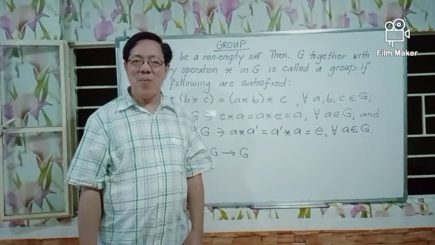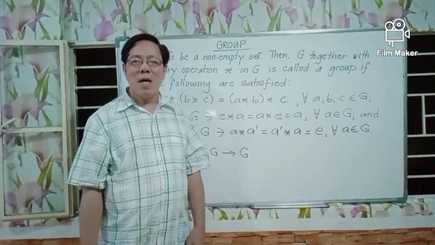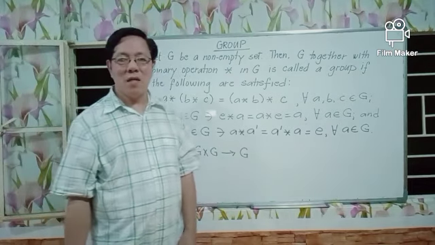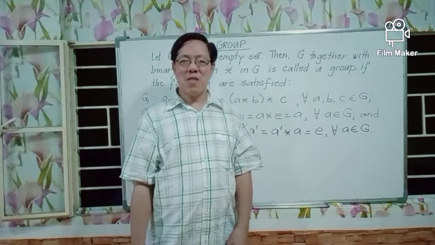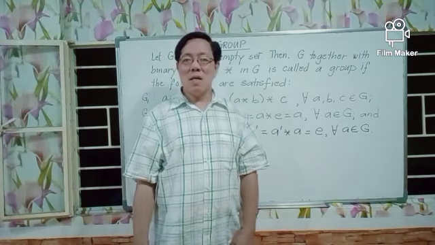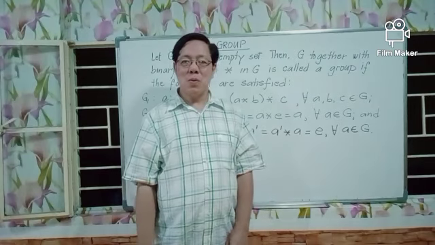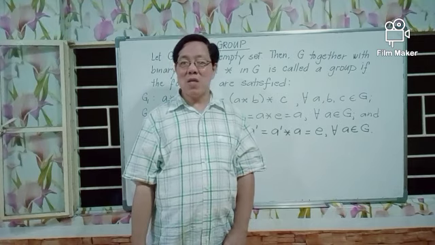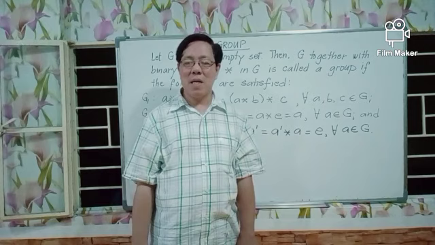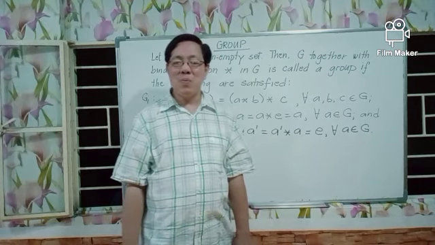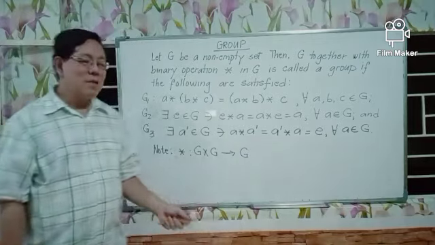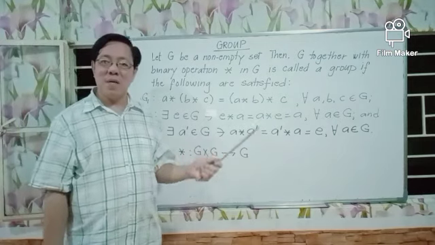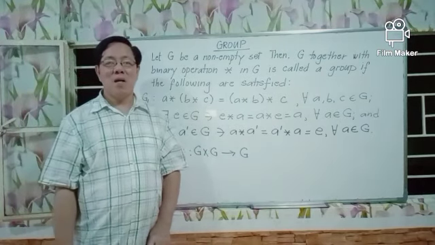Now we take some examples of groups and we will verify whether the given non-empty set together with a binary operation defined on the non-empty set is a group. For you to check if the given set with the binary operation defined on that set is a group, you have to verify whether these three properties are satisfied by the elements of the given non-empty set under the binary operation.